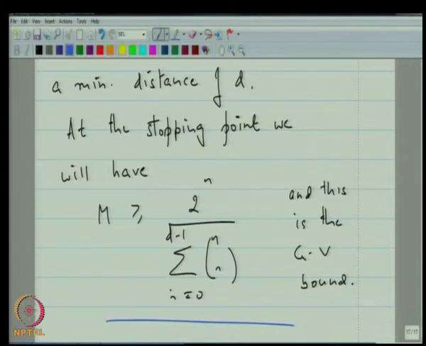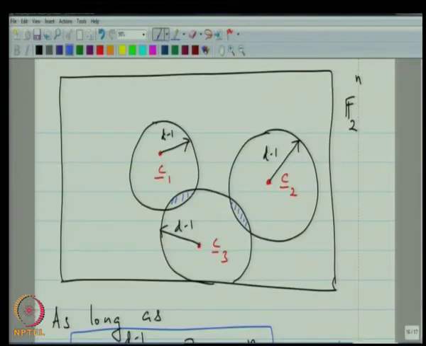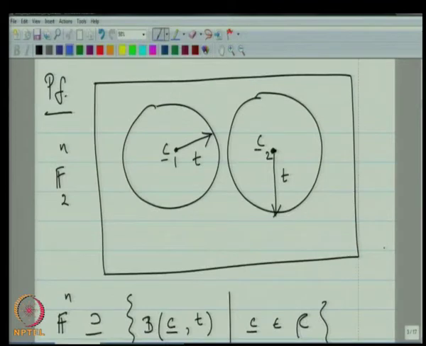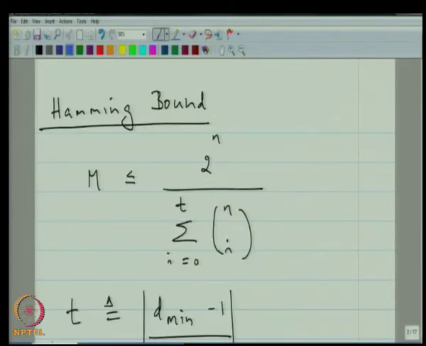Now I have given you the Hamming bound and the Gilbert-Varshamov bound. So this is the Gilbert-Varshamov bound, and very early we looked at the Hamming bound. Now what we will do next is examine the same two bounds, except that we look at them as if n were very big. We look at very long codes.